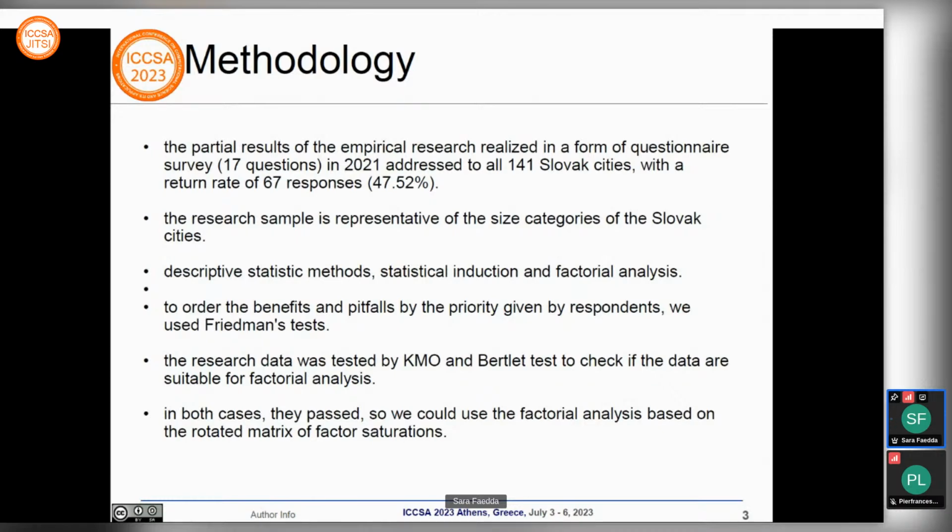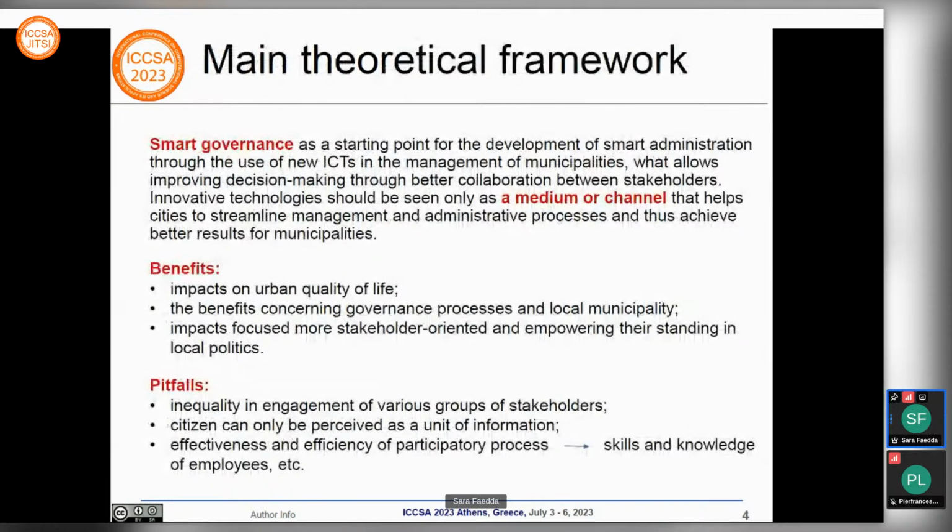Maybe what I can say is that in the paper you will find a quite broad overview of the literature approaches to this topic. What is very important to say is that smart governance can be seen as a new approach to administration and governing of local municipalities, cities and villages.